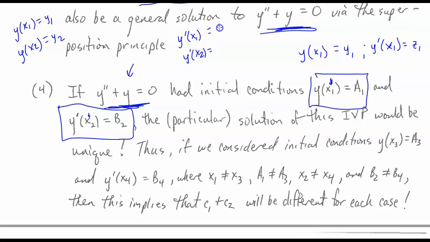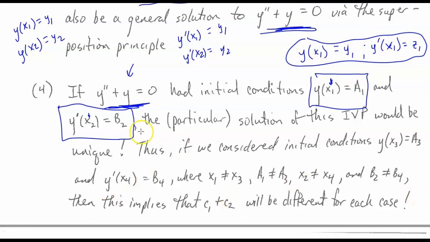All of that is possible, but traditionally speaking, we like to have information about the original function and the derivative of it both at the same point, okay? And so that's why, again, when you see problems normally in a first year differential equations course, most of them end up looking like the ones that you see here, okay?